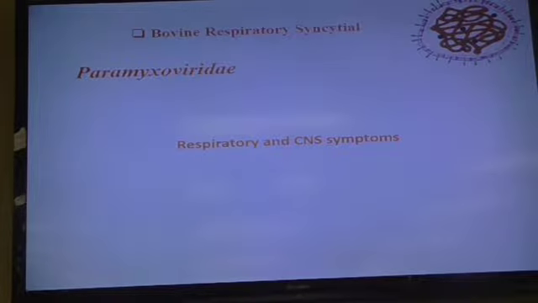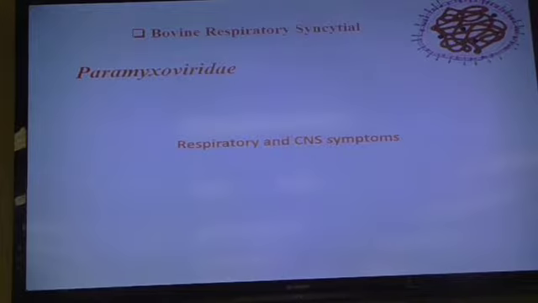Bovine respiratory syncytial virus. When we hear respiratory syncytial, we understand that syncytium is a fusion of cells to form a giant cell. If this happens in the lung, then obviously that is going to impair respiration and cause problems.